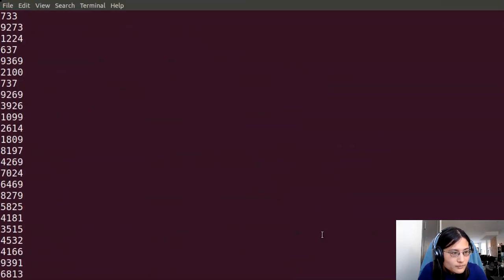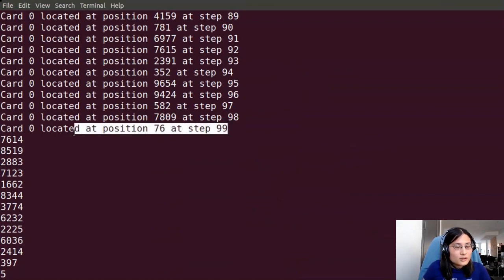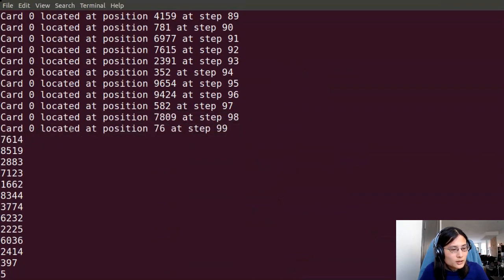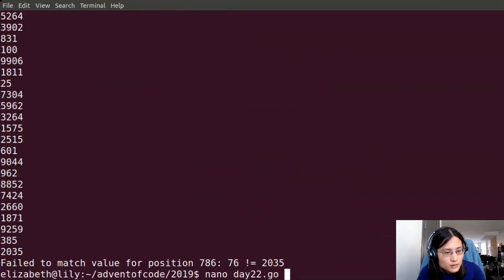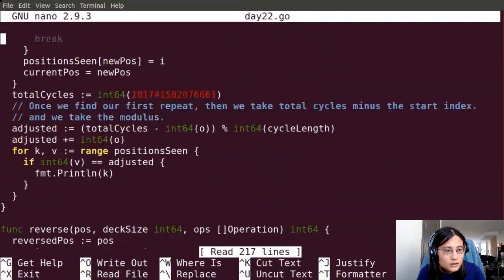So where do I start diverging? Card 0 is located at position 76 at step number 99. So now let's check this.